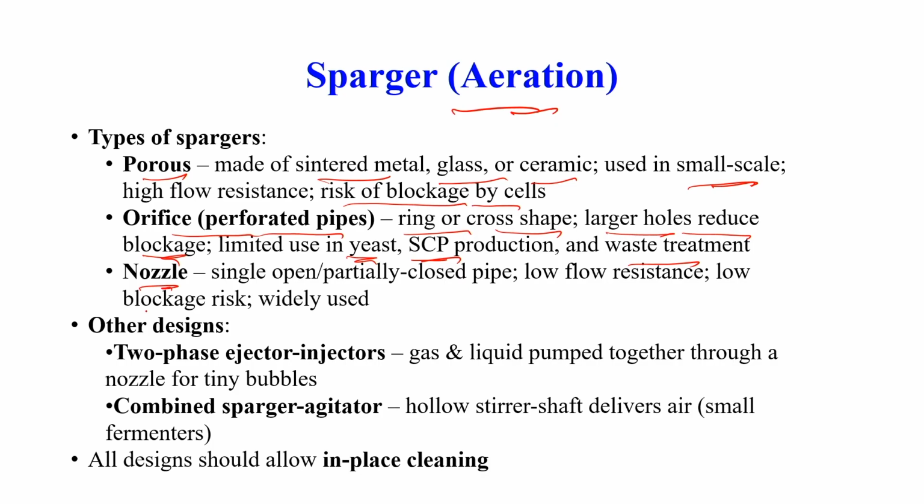Now, the next one is the nozzle. It can be a single open or partially closed pipe. In addition, the nozzle has the provision for injecting two phases. So, this imposes low flow resistance and low blockage risk, and nozzles are widely used for sparging.